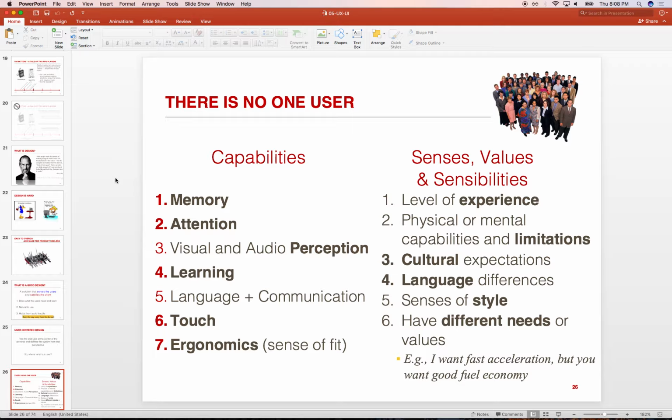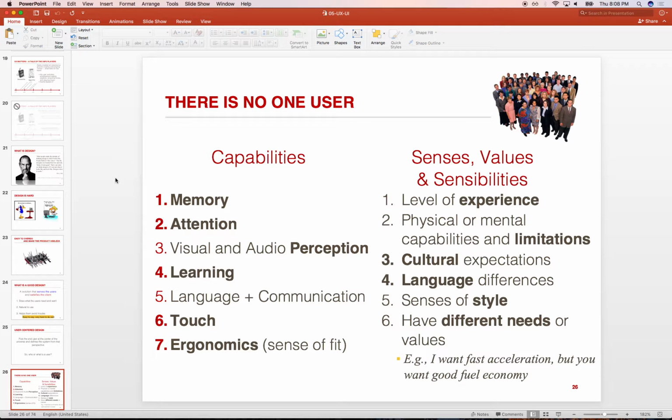We have to consider our demographics and what technical expertise they might have, what capabilities, what cultural expectations, what languages, their particular sense of style. Also, their different capabilities of visual and audio perception.